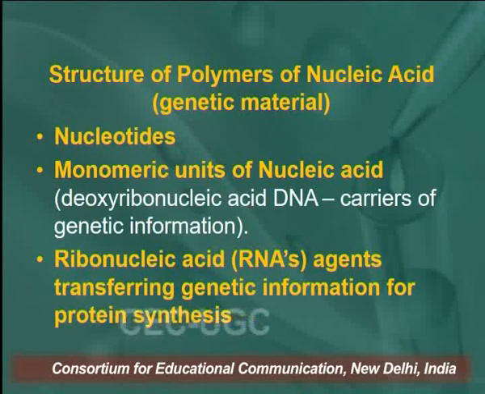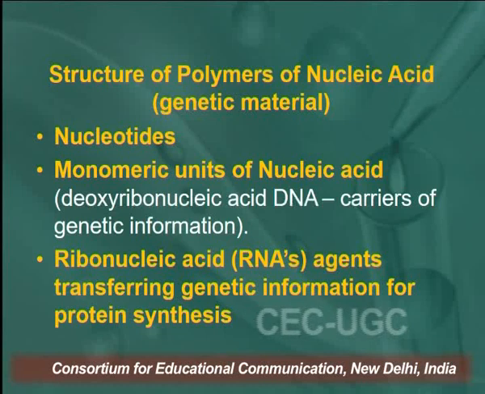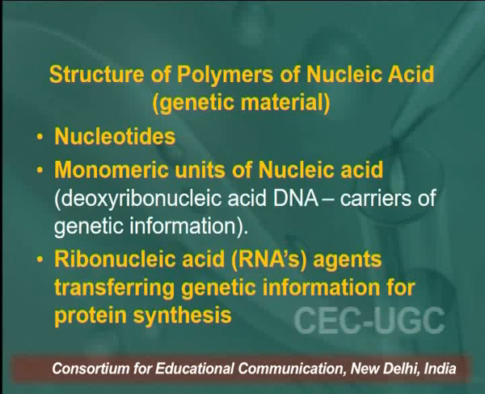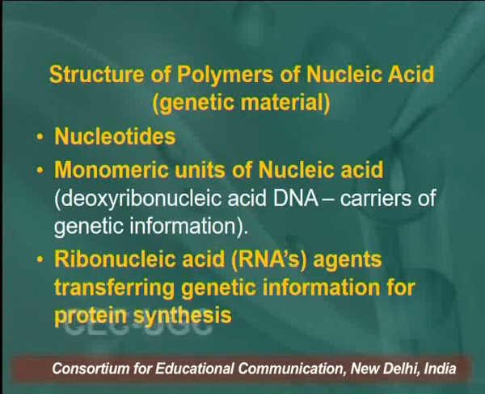The monomeric units of nucleic acid are deoxyribonucleic acid, that is DNA, and DNA is the carrier of all the genetic information in all living organisms. And the other, ribonucleic acid, RNA, is an agent responsible for transferring all genetic information for protein synthesis.